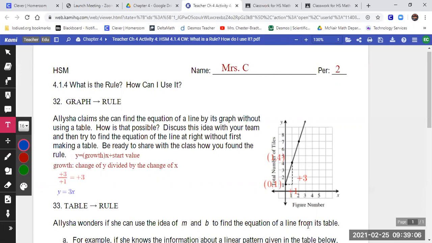Starting. Okay. How do we know a starting point?